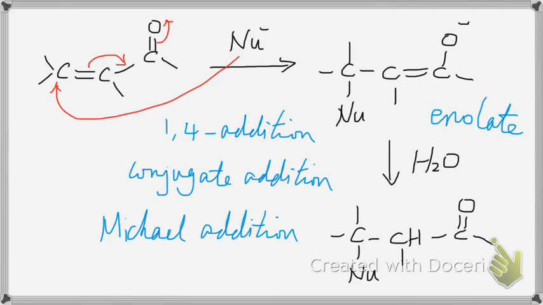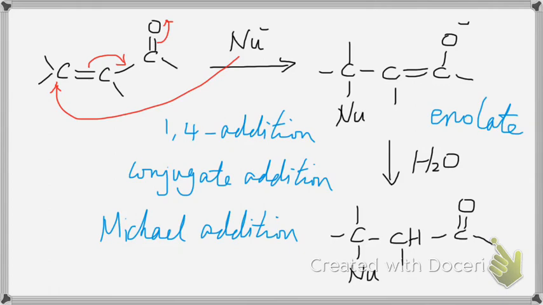1,4 refers to atom 1, the oxygen, and atom 4. If you count from oxygen as 1, the carbonyl carbon 2, alpha carbon 3, beta carbon 4. So oxygen atom 1 gets a proton, beta carbon 4 gets a nucleophile.